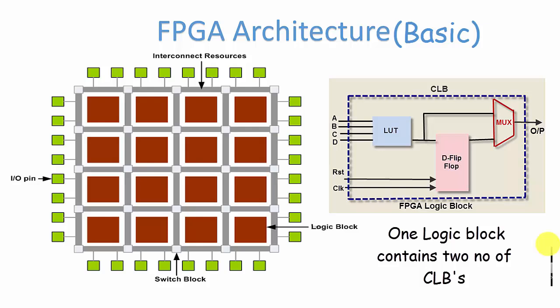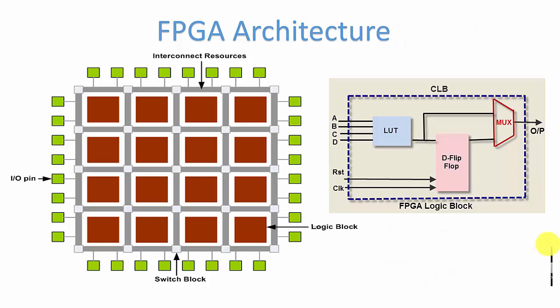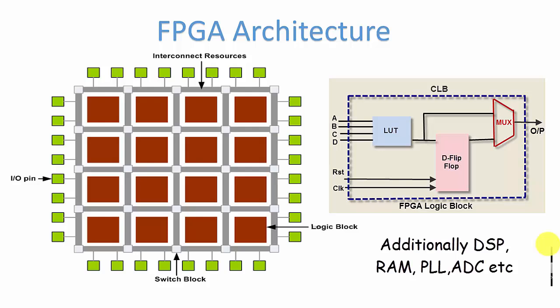Nowadays we use advanced FPGA architectures. What is the difference? It is the same structure, but some more elements are added, for example DSP slices, on-chip memory, or a PLL block for the clock, and so on.